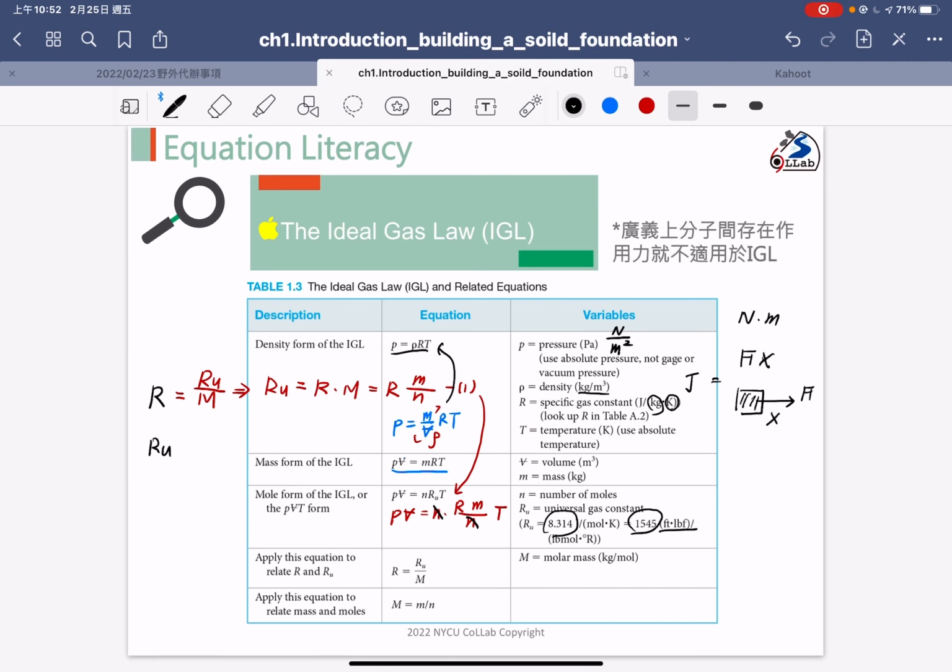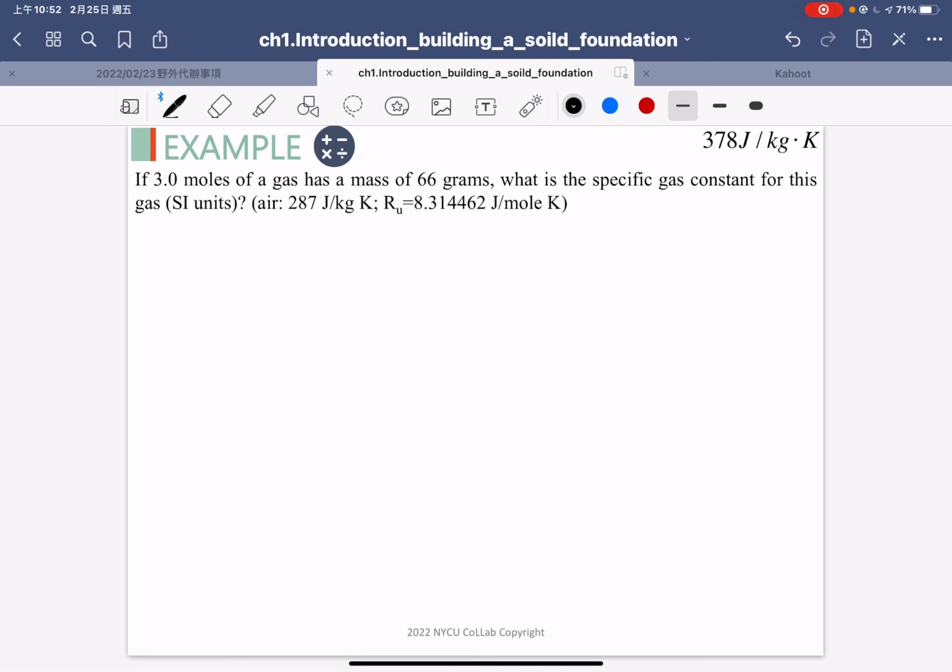So we have some practice. This exercise tells you we have the moles, the mole is equal to 3, and I tell you the mass is equal to 66 grams. And what is the specific gas constant R for this gas?